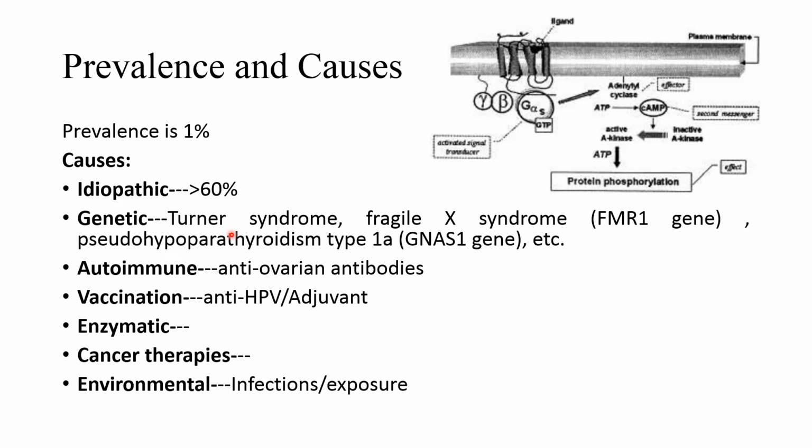Fragile X syndrome is an intellectual disability syndrome, where a person having a mutated FMR1 gene, Fragile X mental retardation 1 gene, on the X chromosome would be intellectually disabled, having low IQ.